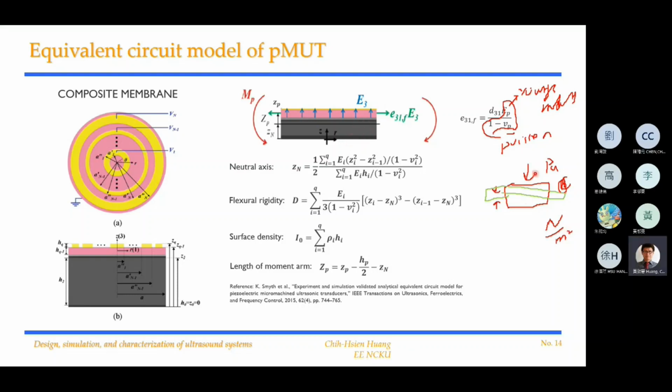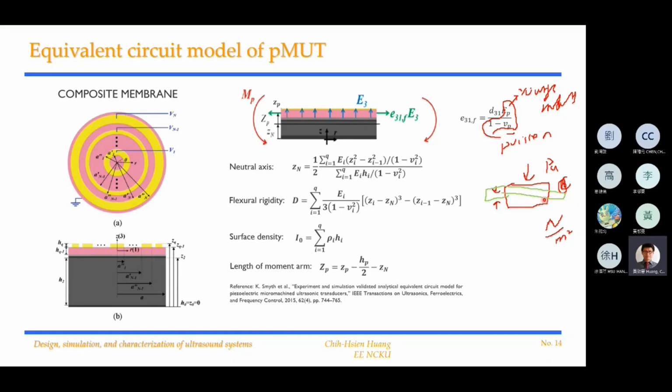Okay, so to convert the movement of the thickness axis, we have to divide by 1 minus the Poisson ratio to make it become a deformation on the length, right?